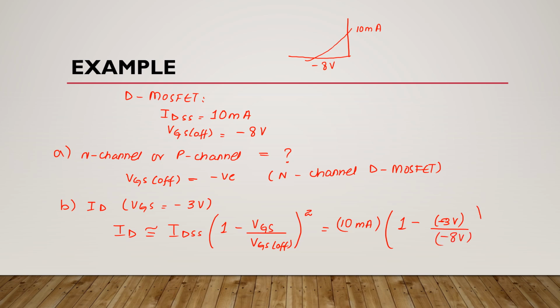After solving this you will get 3.91 milliamperes. So this is your drain current when gate to source voltage is minus 3 volts.